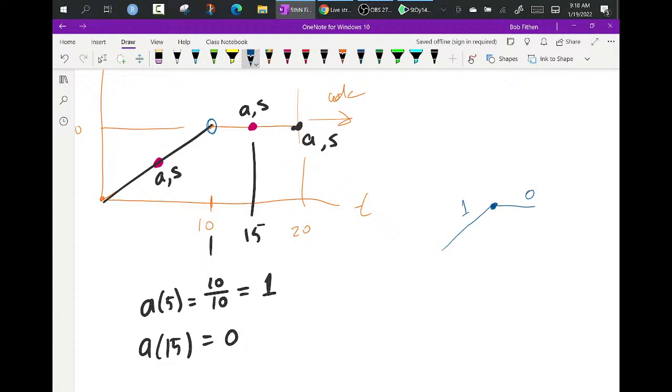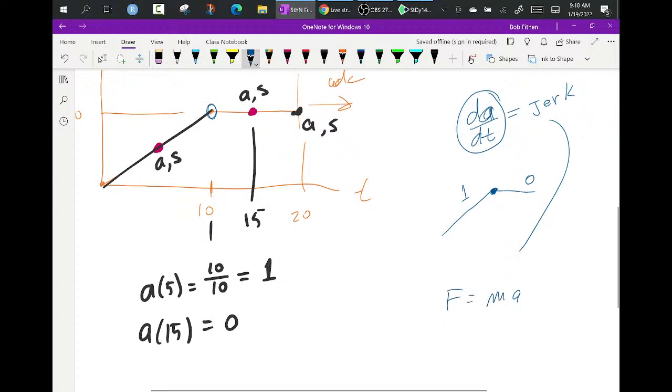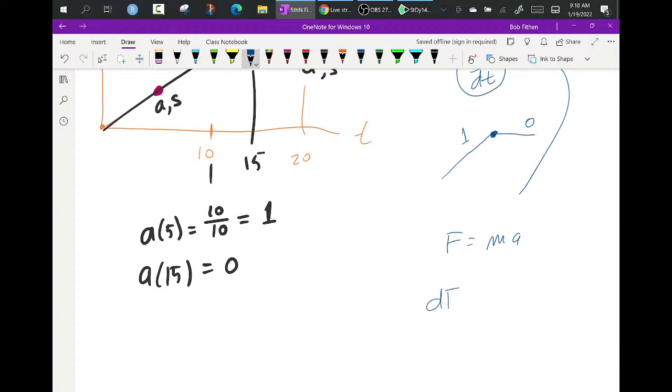There is a term that is not talked about in this book, and it's called the jerk. It's basically the change in acceleration. Why is that important? Because F is equal to ma, and if I wanted to know the instantaneous change of a force over time where the mass wasn't changed, I would basically be looking at that.